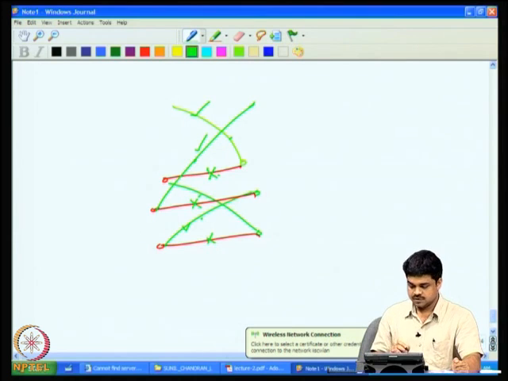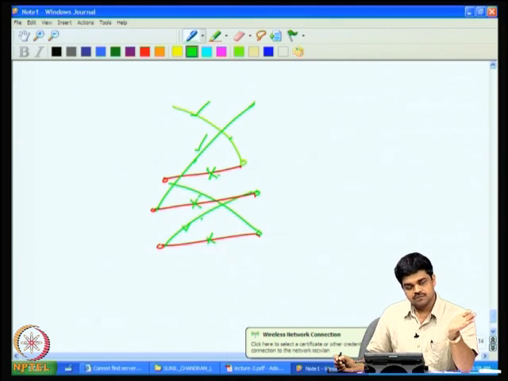We have two notions which we will later also use. Alternating path, which is essentially a path which starts from the A side and then follows an unmatched edge and then a matching edge and then unmatched, matching, like that, alternating between unmatched and matching.